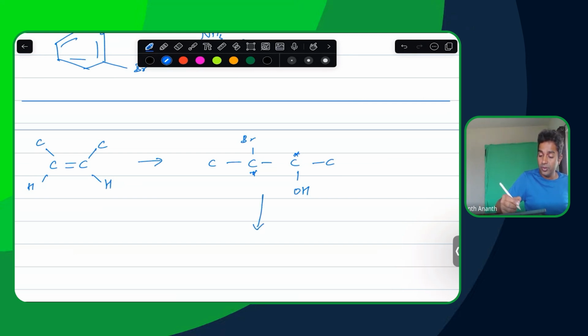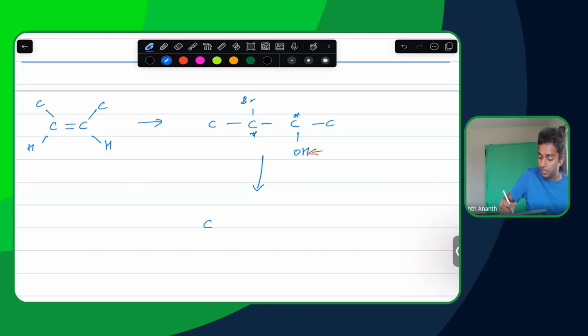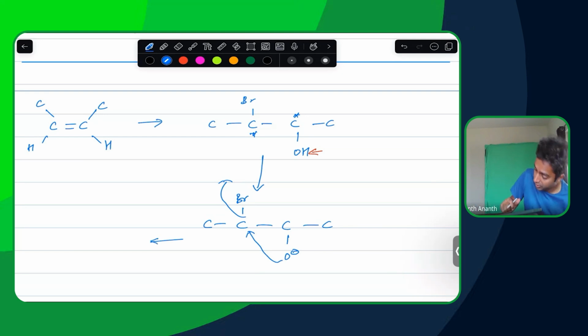The methoxide basically attacks this hydrogen, plucks it out, and you get an O minus. The O minus generated here will go and attack this carbon and kick the bromine out, resulting in our product. Now the question becomes, what is going to be the configuration at each of those locations?